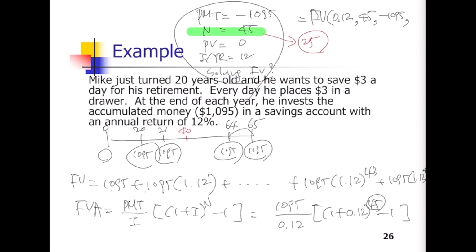We already calculated Mike's money when he turns 65 from this equation. This is the amount of money he will get.